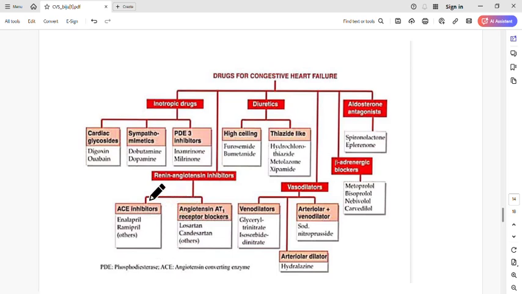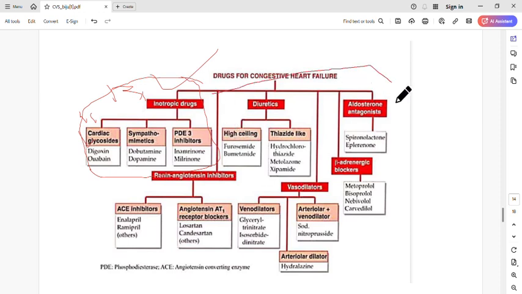First, cardiac glycosides like digitalis, whose mechanism involves Na plus and Ca. Then the sympathomimetic dobutamine, which is a beta 1 agonist, and PDE3 (phosphodiesterase 3) inhibitors. These are the inotropic drugs mainly used in congestive heart failure.